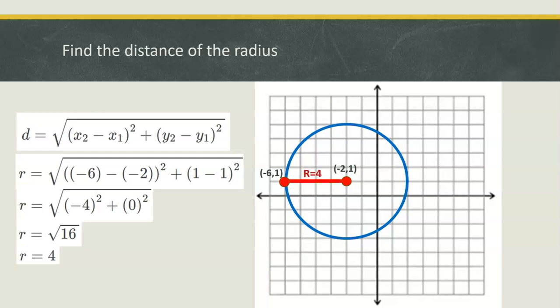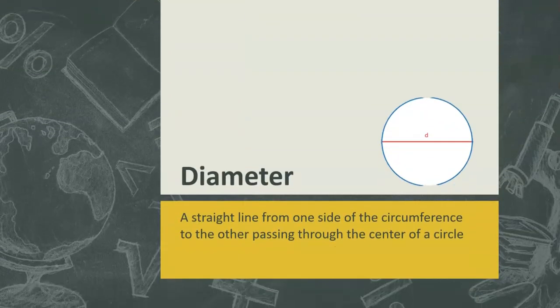Keep in mind with the distance formula, you can move your x's and y's around. So instead of -6 minus -2 squared, you could also have -2 minus -6 squared. You would end up with a positive 4 squared, and your 1's really wouldn't make a difference because it's 1 minus 1 squared. You would still end up with a radius, a distance of 4 units.